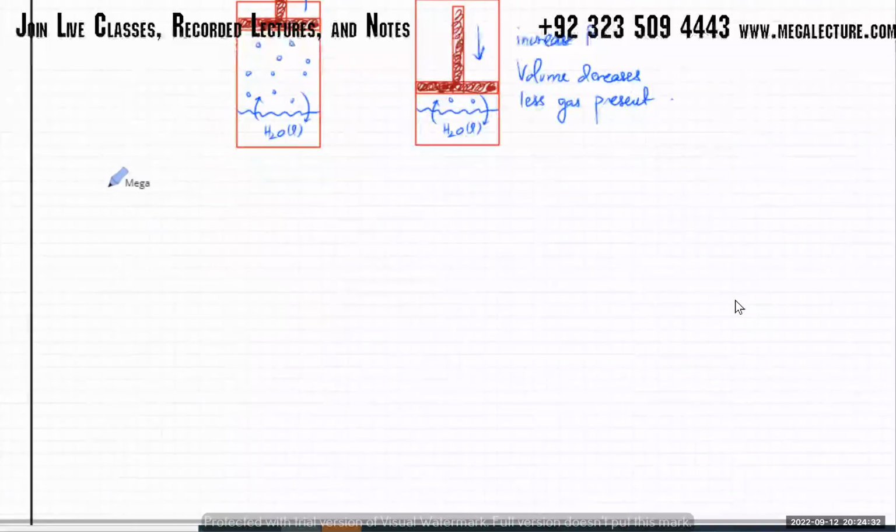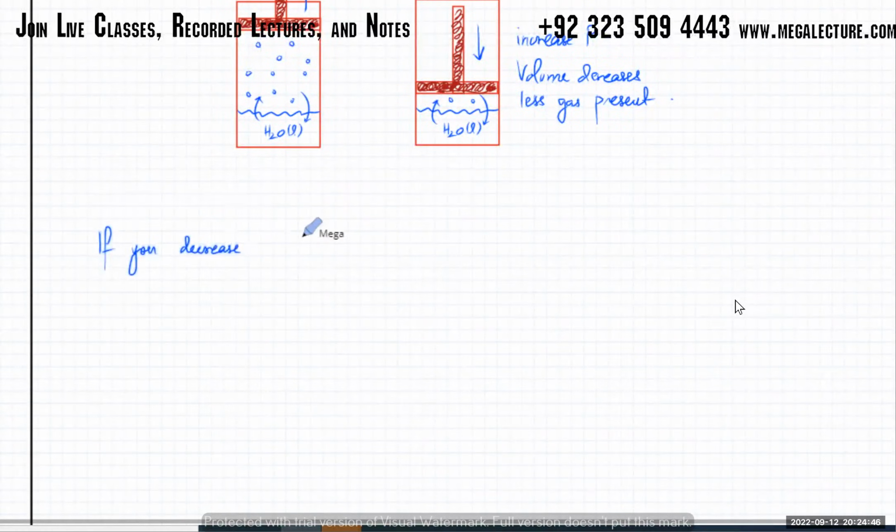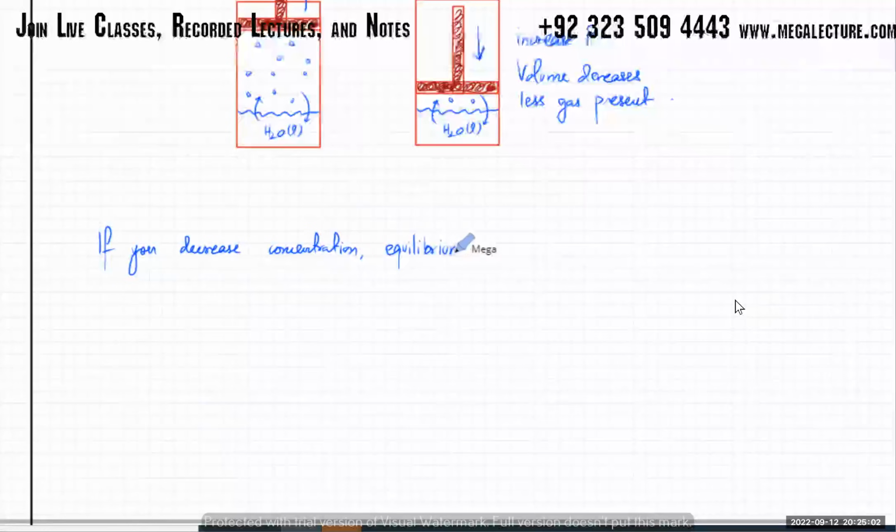If you decrease concentration of whatever the substance is, reactants or products, then the equilibrium does the opposite. The equilibrium will shift in whatever direction so that it can increase the concentration. It will try to counteract that.